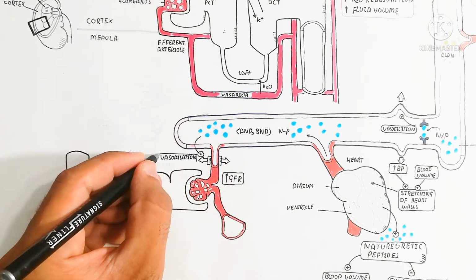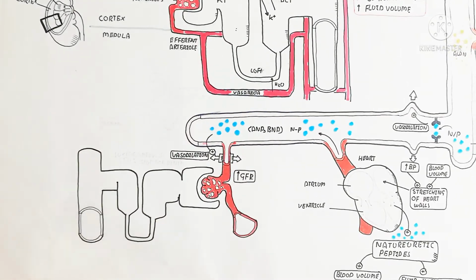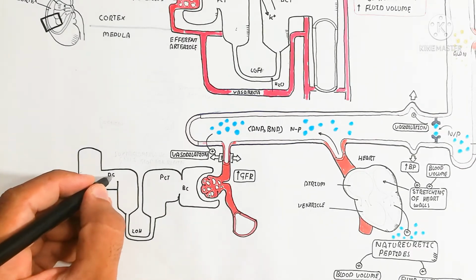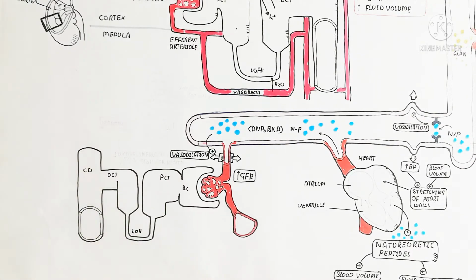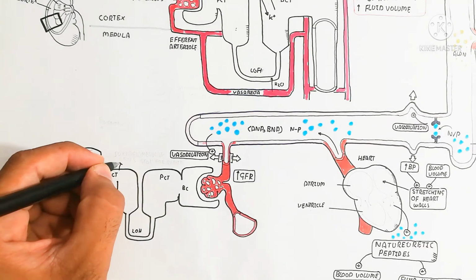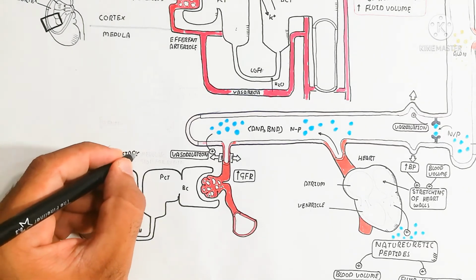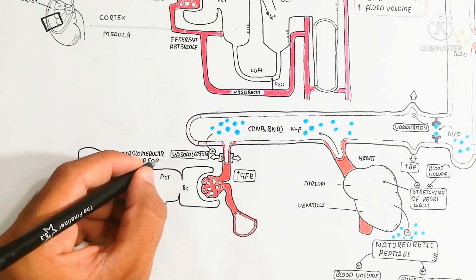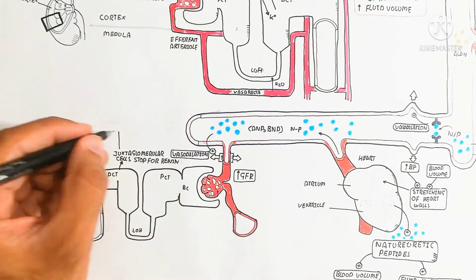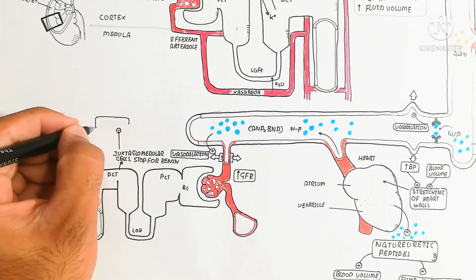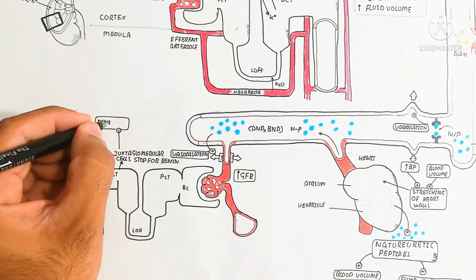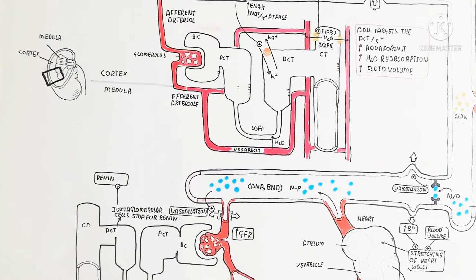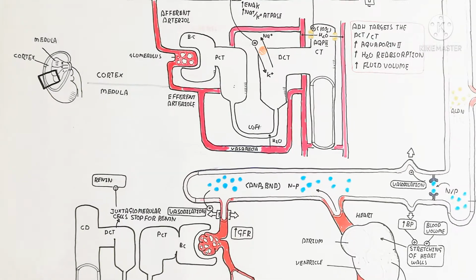This leads to decreased blood pressure due to the decrease of sodium in the blood after filtration. Here is the Bowman capsule, proximal convoluted tubule, loop of Henle, distal convoluted tubule, and collecting duct. The juxtaglomerular cell, which produces the renin, will stop renin production. The function of renin is to increase the blood pressure, while it will be stopped due to the natriuretic peptides. So it is the opposite to the renin.